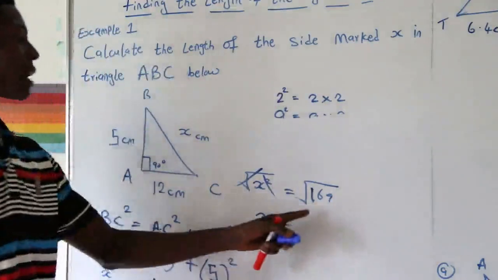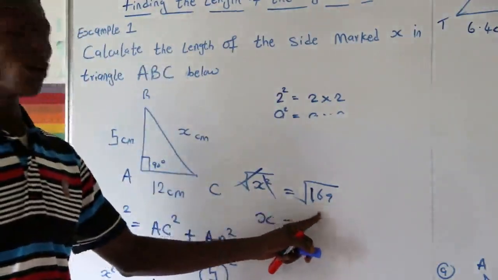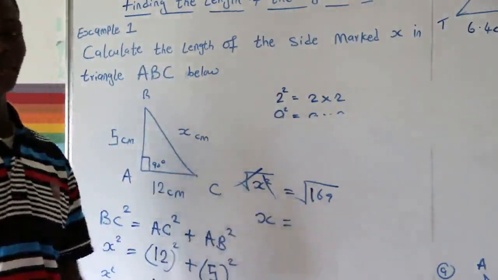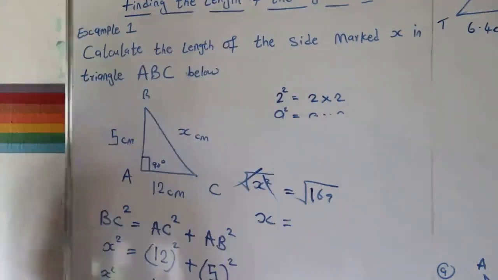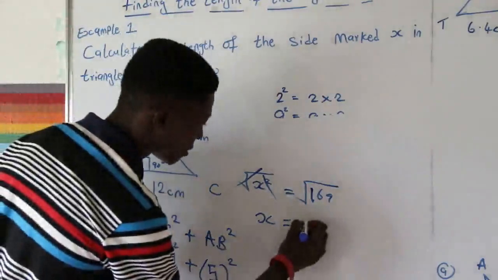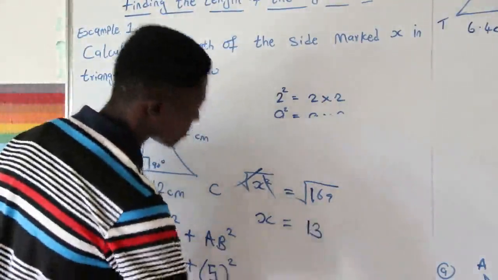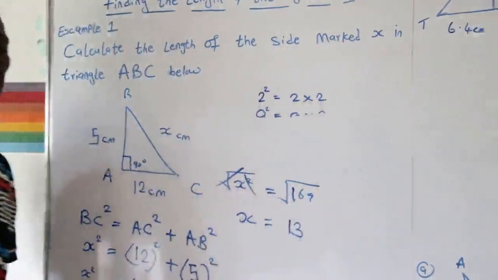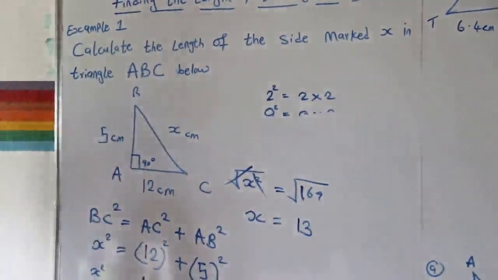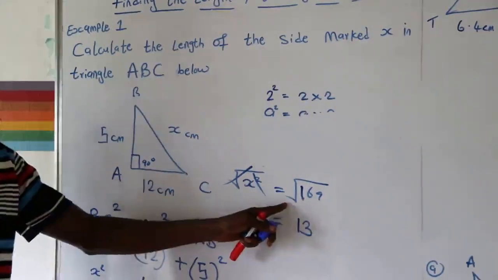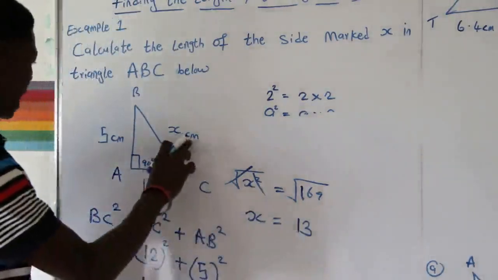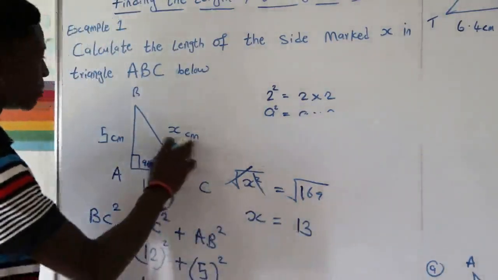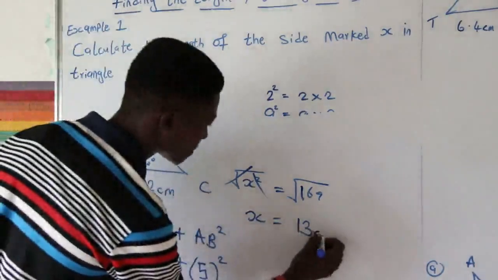And then we punch our calculator, square root of 169. If you punch your calculator very well, you are going to have 13 as the square root of 169. So therefore, our SI unit here in the metric system is centimeter.